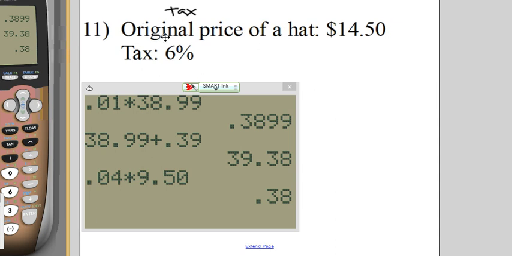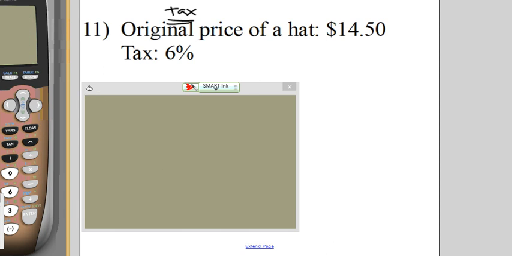So starting with number 11, we just want to find out what is the tax, not total cost, just the tax. How do we do that? Well, literally what we've been doing, we just kind of shorten the steps. We just go, well, what's 6% of 14.50? 0.06 times 14.50. There's your tax right there. So it's 87 cents. That's our tax.